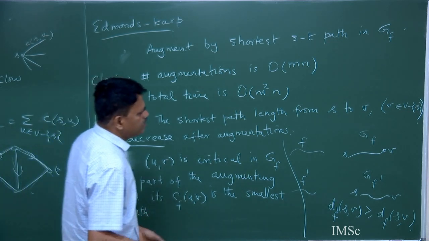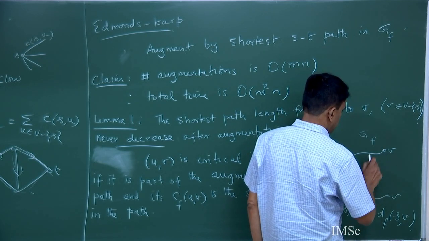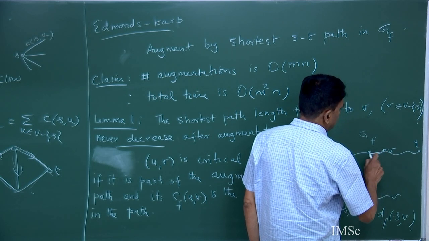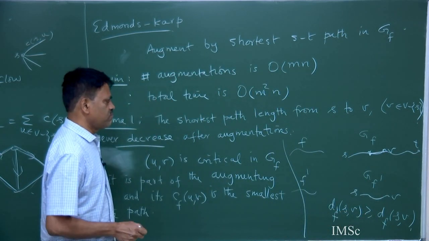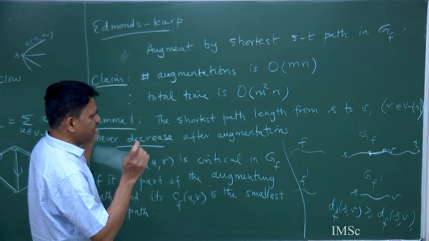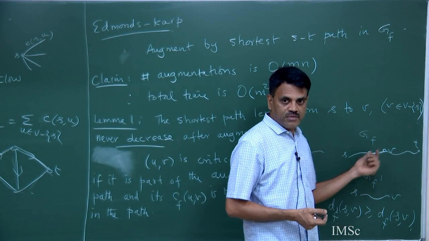Right? So every time you augment by shortest path, I claim that this edge UV is a critical edge in GF if it is part of this augmenting path.